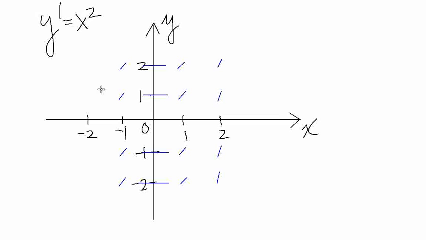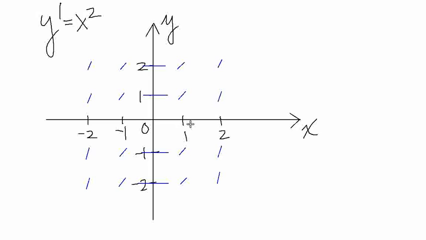All right, and then points with x equal to minus 2 are going to be the same. In fact, the slope field is going to be symmetric. The right and left sides of the y-axis are going to be the same.